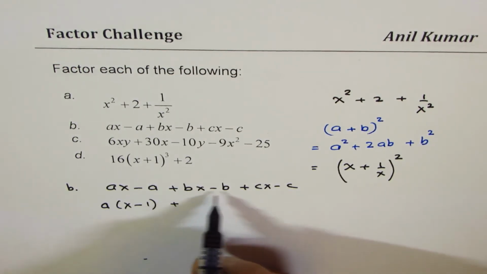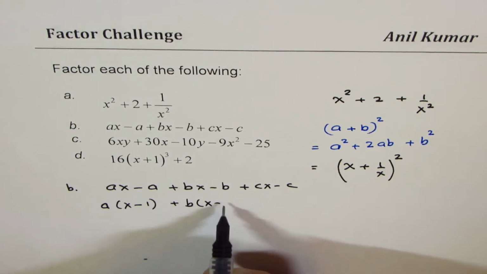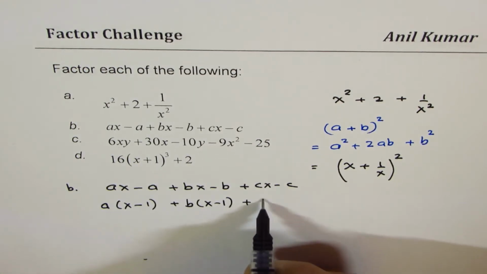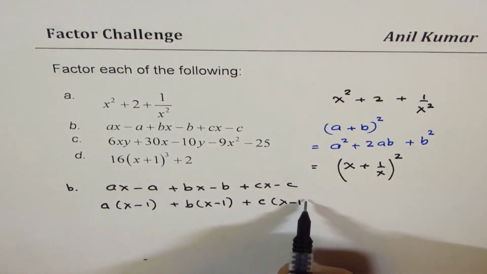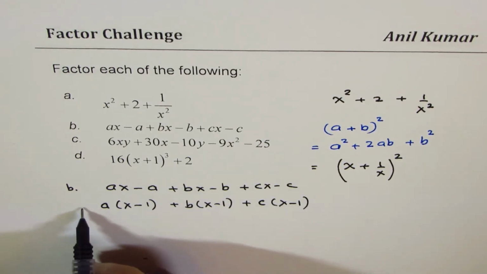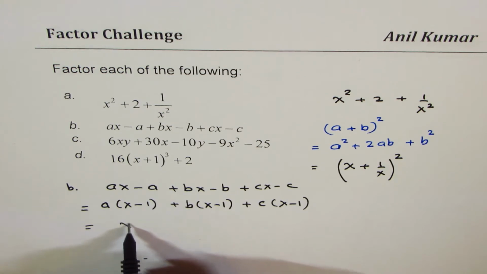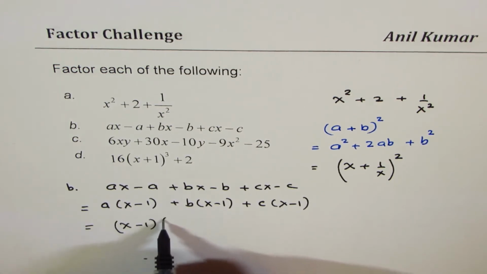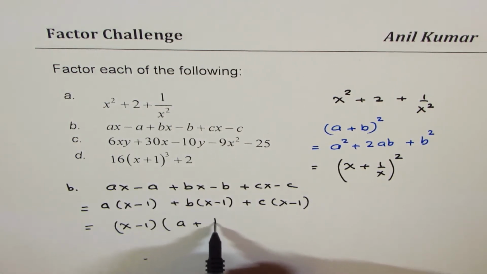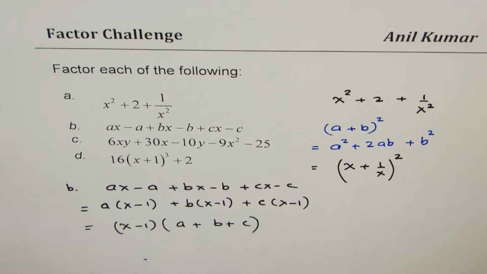The second group b is common, x minus 1 again. And the third group also gives us x minus 1 as a common factor, correct? So the expression now can be factored as x minus 1 times a plus b plus c. Is that clear? So that is how we can do by grouping.